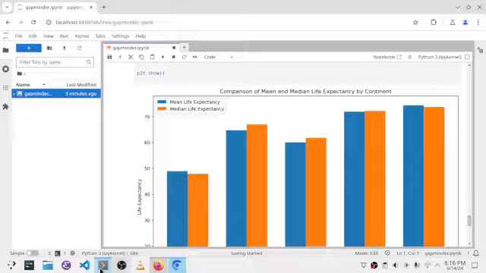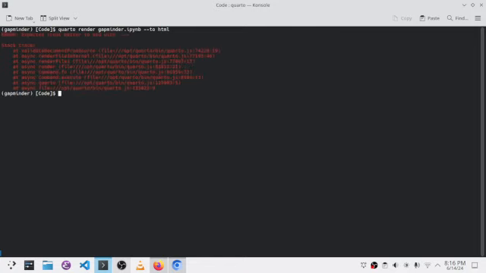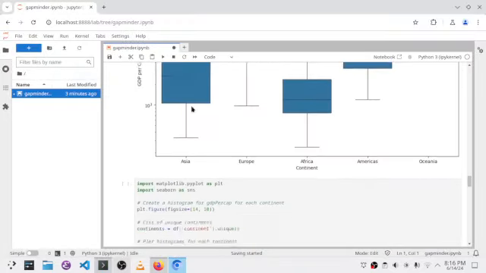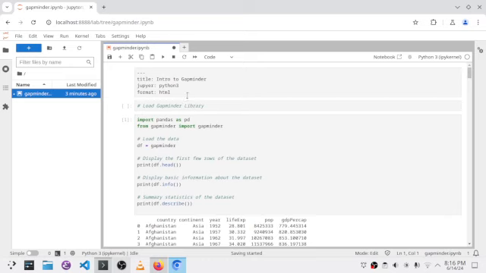And this may not work. I think it's talking about this up here, maybe. Right.